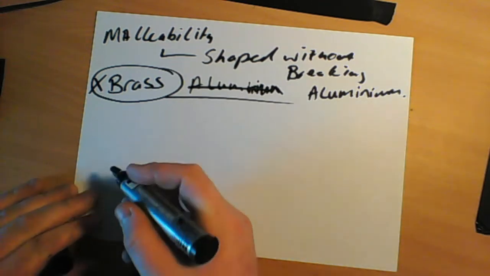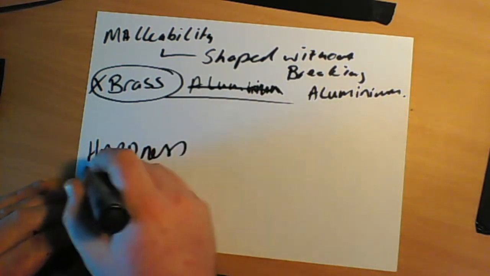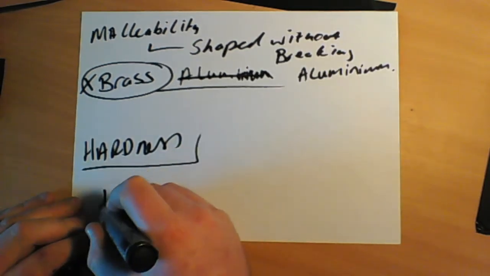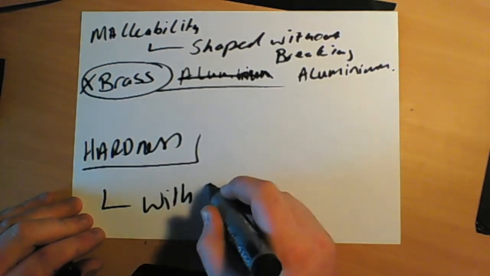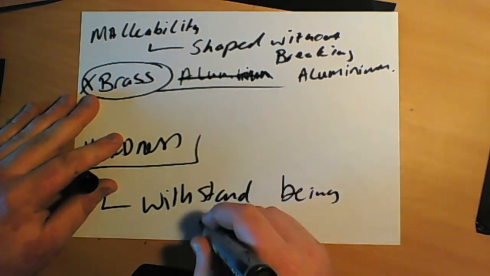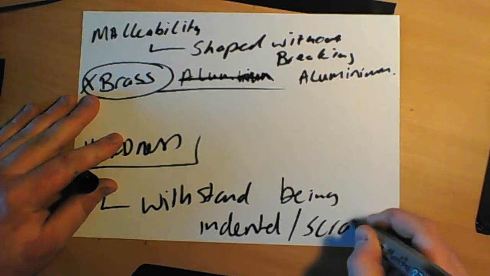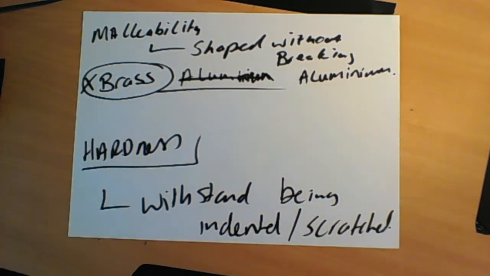The next thing you're looking at is hardness. Hardness is a material's ability to withstand being indented or scratched. It can resist wear.